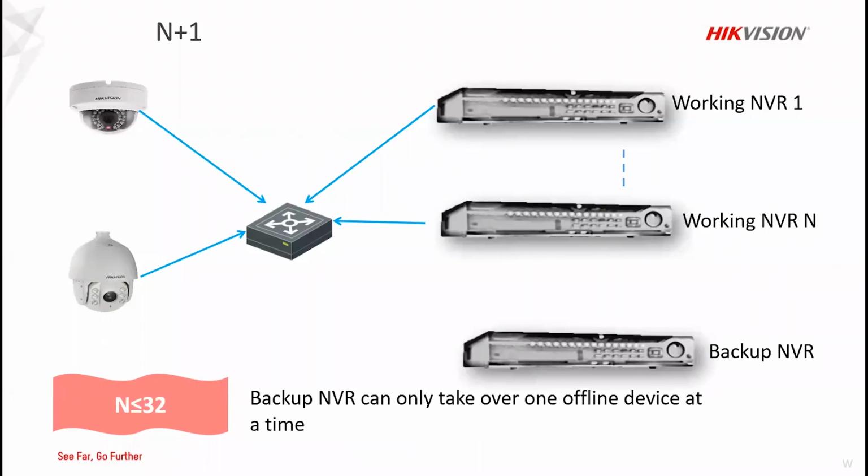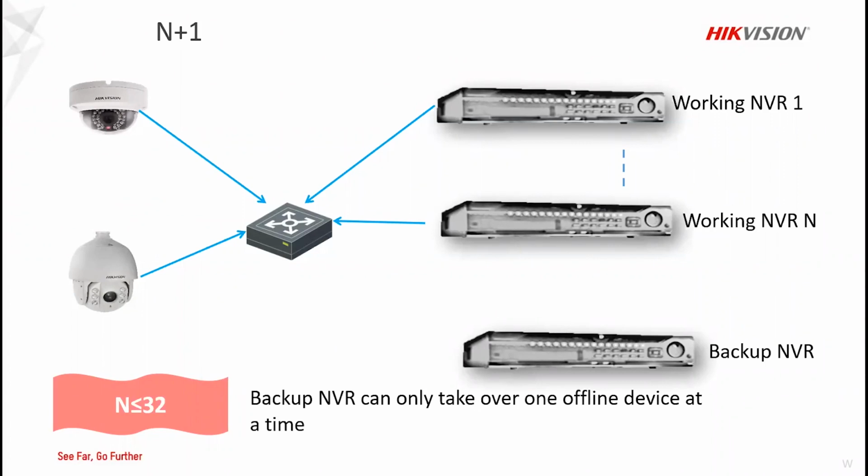I think you already got the idea. If there is something wrong with the already operating hardware, there will be an offline backup device waiting to take over if some failure occurs in the operating NVR or hardware.